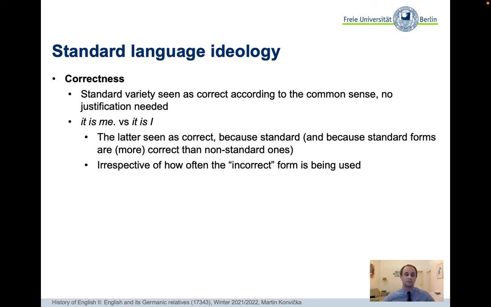And one of these things is, in English, for example, the idea that it's more correct to use "it is I who" rather than "it is me," right? The latter variant, "it is I," is seen as correct because it's the standard one. And it's not really important how frequently the incorrect, in inverted commas, form is actually used. So the idea is that standard language is correct regardless of other factors.